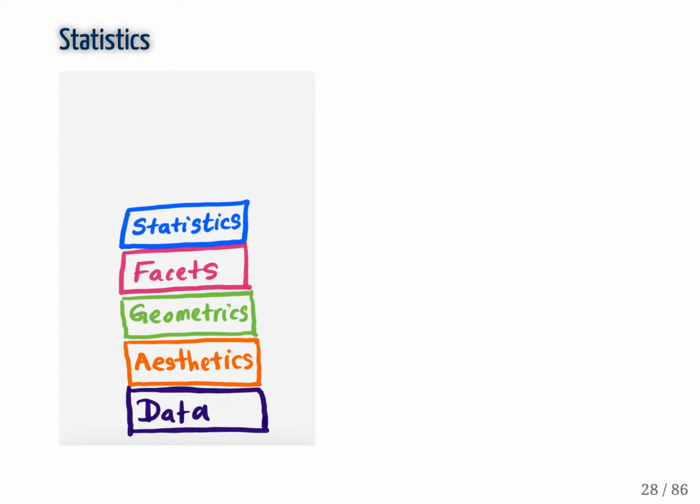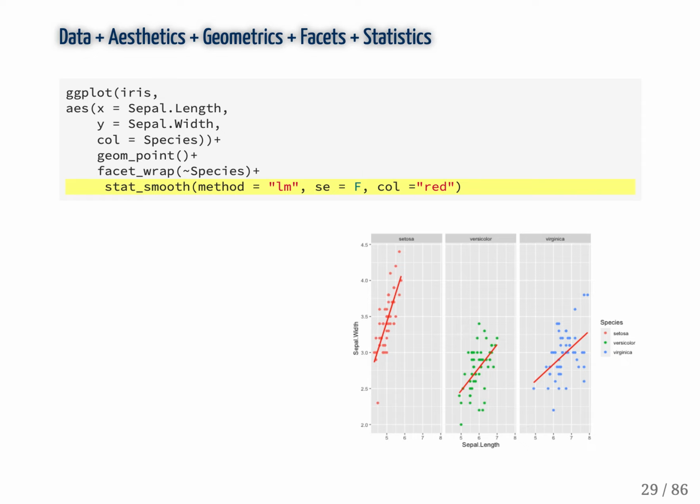Next layer is statistics. The statistics layer calculates some statistics from data and the results will be plotted in the graph. Here I use stat_smooth. This will fit a linear regression model to the data in each panel. If you pass se false, then you will get only the line.